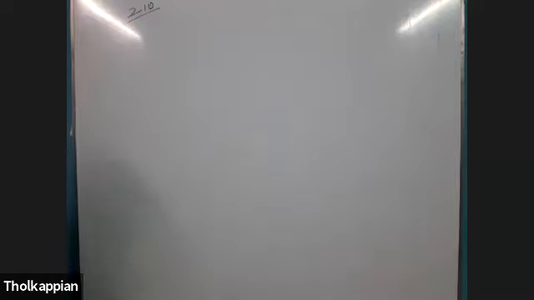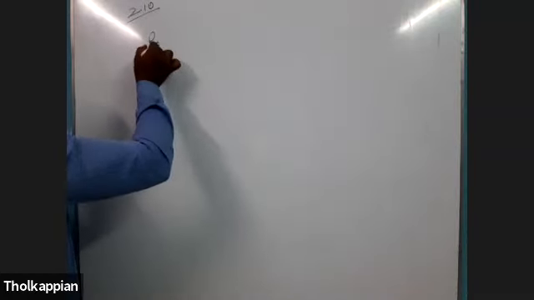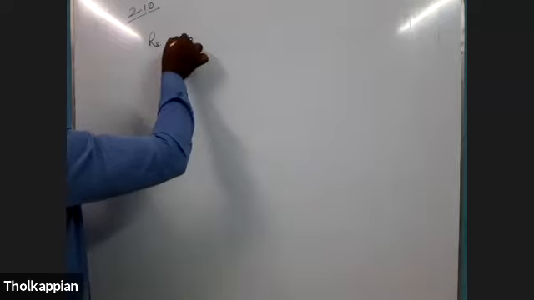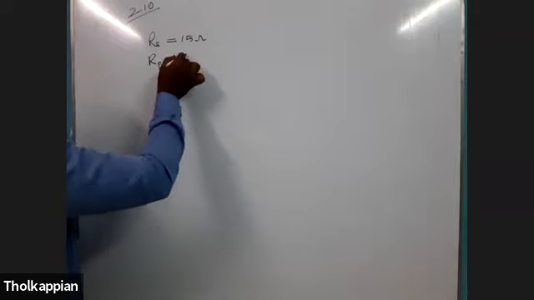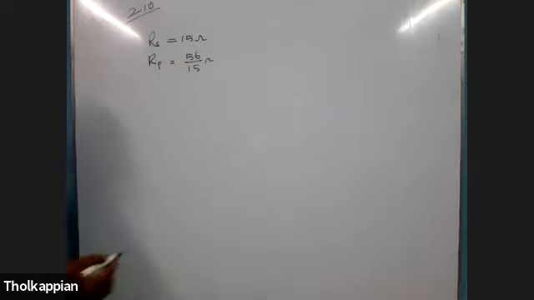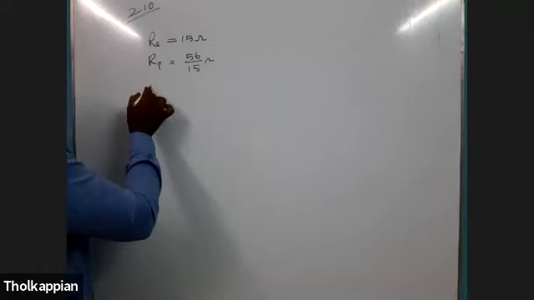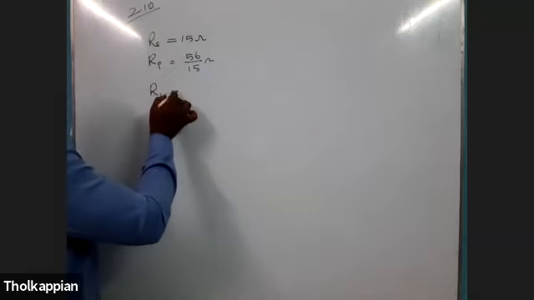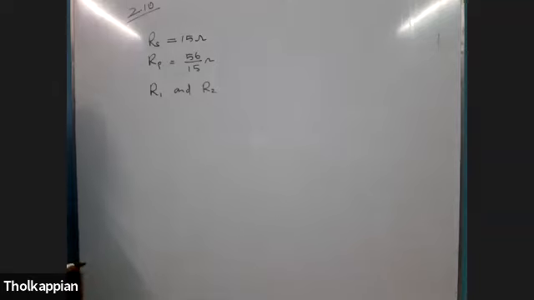In series, R in series is equal to 15 ohms, and resistance in parallel is equal to 56 by 15 ohms. Okay, this is the given data. What do we want to find? Keep one resistance as R1 and another resistance as R2. You have to find the value of R1 and R2.